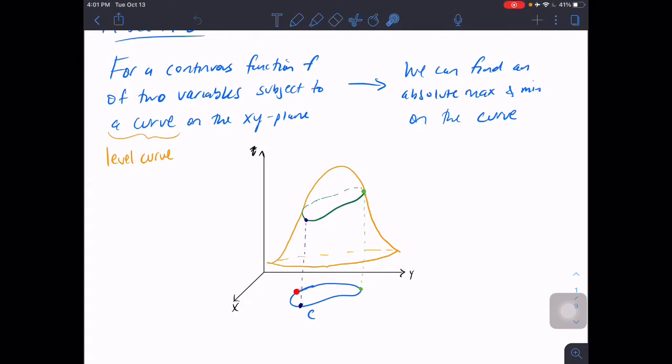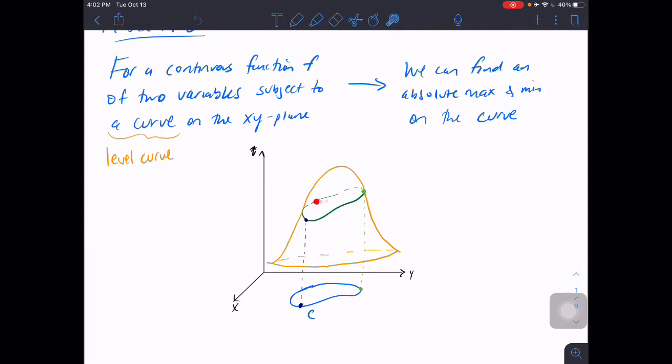So it's just curves this time, okay? And so for example, on this curve, we only are going to be plugging in points that lie on that curve. And so if we use the same function that I did in the previous example, and we have this as a surface, if we restrict ourselves just to the points on the curve, then we're only going to be looking at this green curve on the surface, and we're going to ignore everything else.